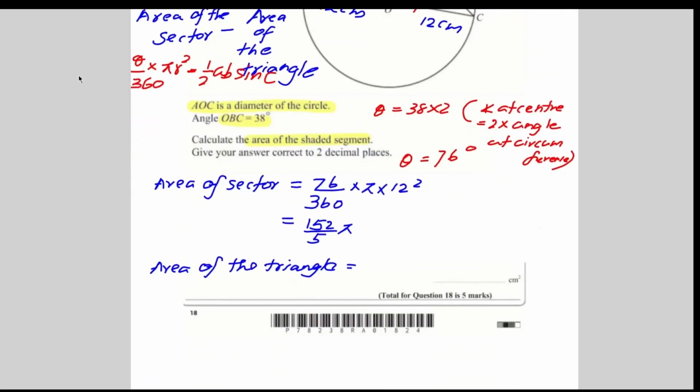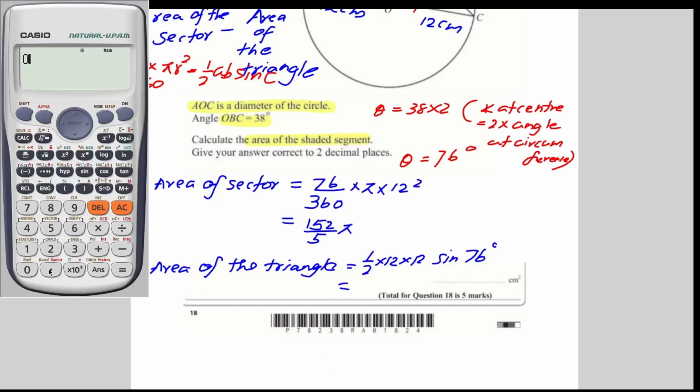So we get half times 12 into sine 76. Then 0.5 into 12 squared into sine 76, which is 69.861.